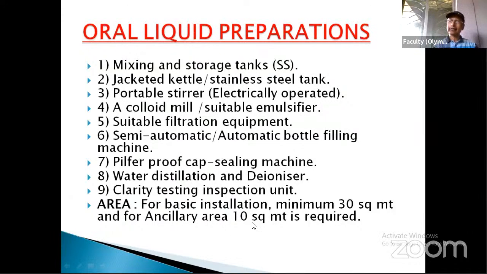The same as your external preparation, 30 square meter for the basic manufacturing unit, and 10 square meter adjacent area for ancillary functions. So this is the minimum area requirement for the oral liquid preparations.